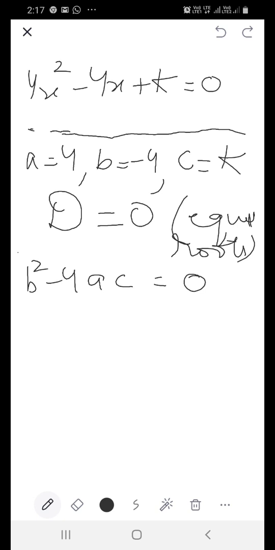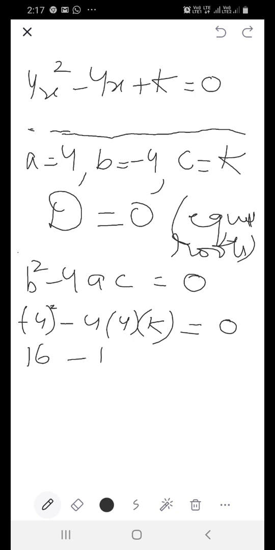Then substitute the values of a, b, c. It will be minus 4 square, minus 4, a is again 4, c is k, is equal to 0. Minus 4 square will be 16.